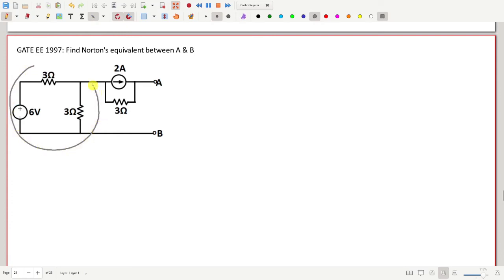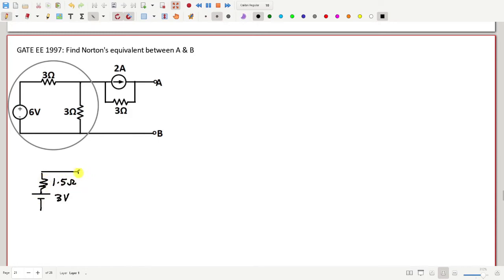So first considering this portion, so this portion is equivalent to 3 volt in series with how much? 1.5 ohm. 1.5 ohm. Yes, sir.